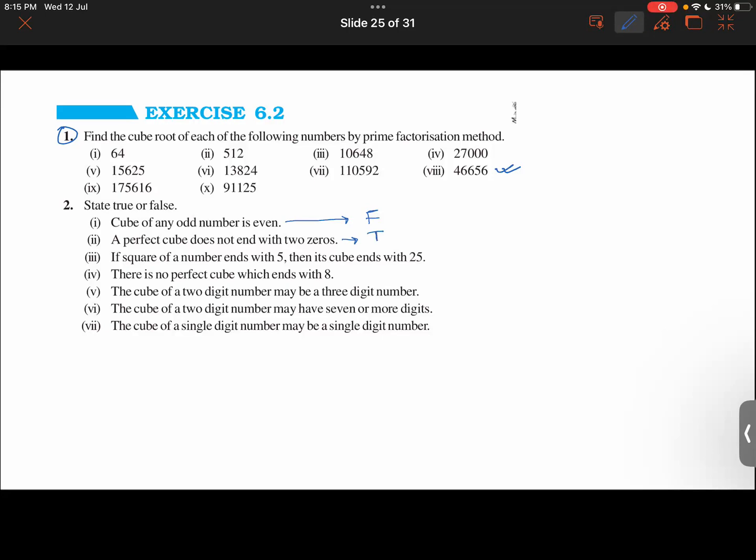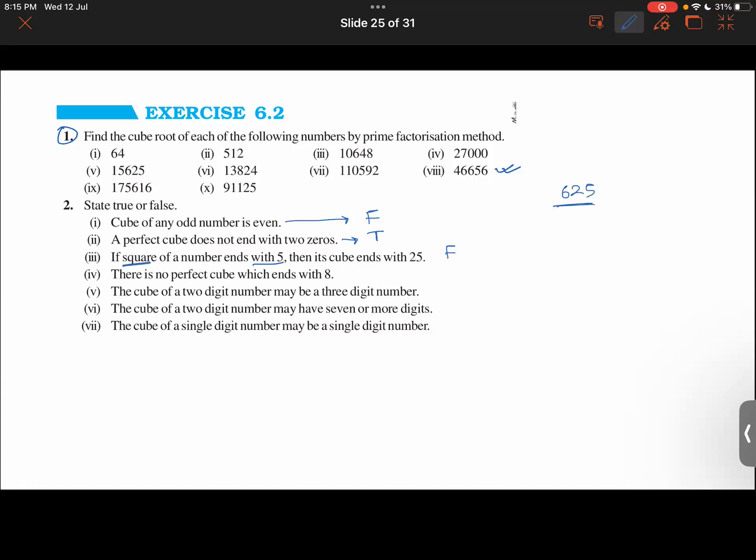If a square of a number ends with 5, then its cube ends with 25. Is it necessarily true? It's false. Like, a square of a number ends with 5. Let's take a number, 625. Remember, we are talking about a square, not cube.